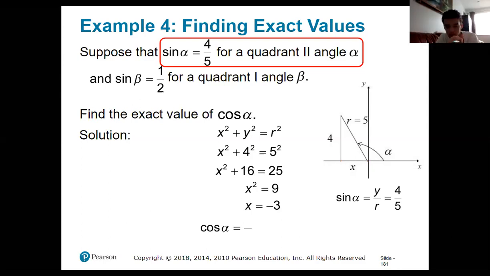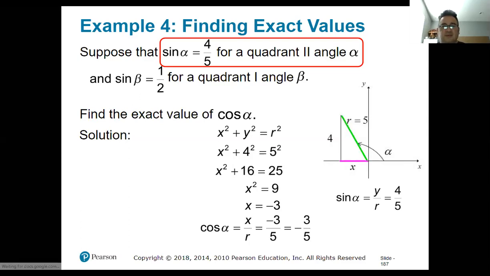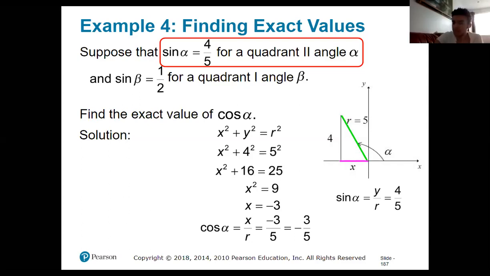So x is negative 3 over 5, which makes it negative 3/5. Is that the idea? Yes. Good.